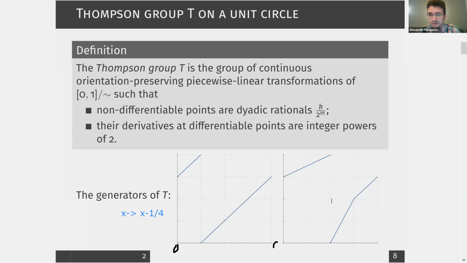The second element is more interesting because it takes the first half of the circle and shrinks it by a factor of 2 into the last quarter, and again transforms the two other quarters to some other parts, to the first half and to the third quarter here.